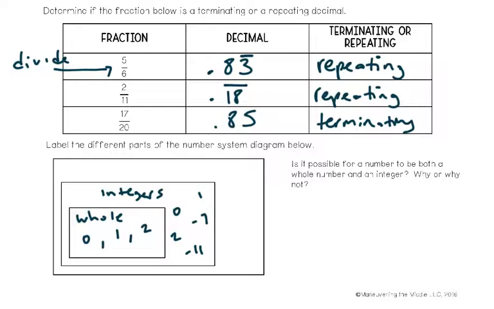So let's zoom out a little bit more, and the next big category that includes all these numbers, just like an umbrella, is rational numbers. So rational numbers are all the numbers that we've just listed and fractions. So all the numbers we just listed, like 0, 1, 2, -7, -11, but also 2/3, 5/6 that we just saw, 17/20.